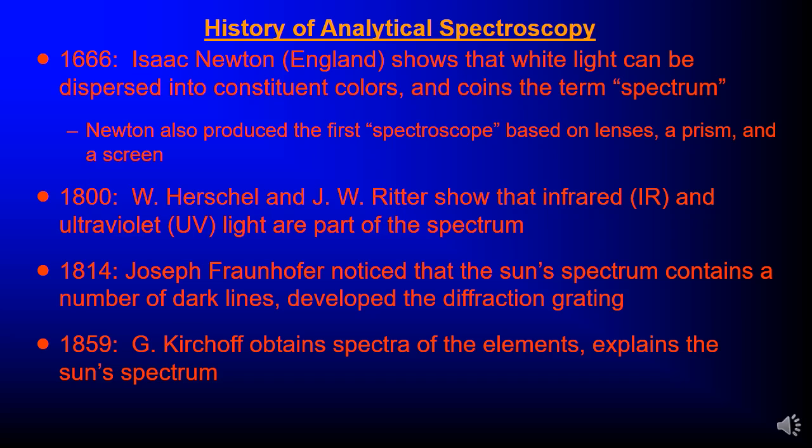In 1814, Joseph Fraunhofer noticed that the sun spectrum contains a number of dark lines, and developed the diffraction grating. We'll see it. In 1859, Kirchhoff obtained spectra of the elements and explained the sun spectrum.